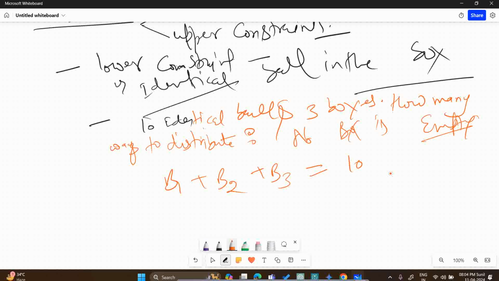So what we are going to do is, for these boxes, they should not be empty. So each is greater than or equal to 1. Not empty means it already has one ball.